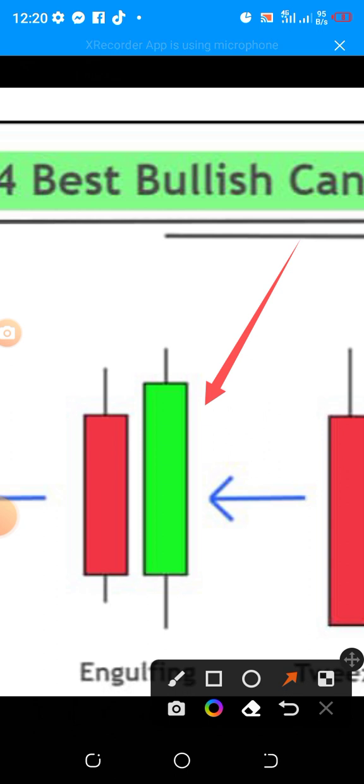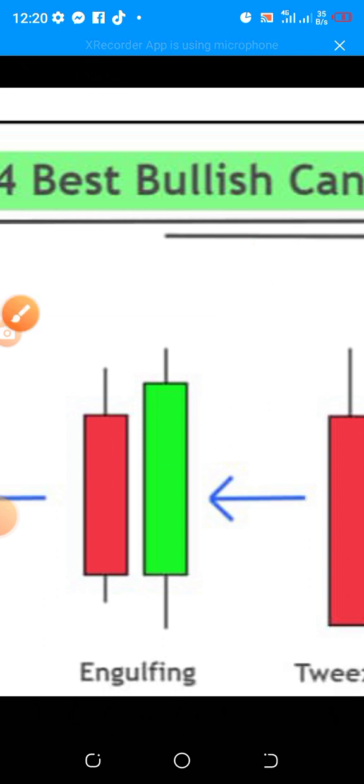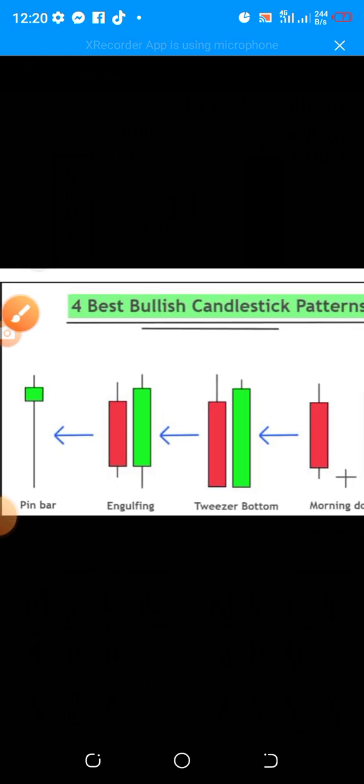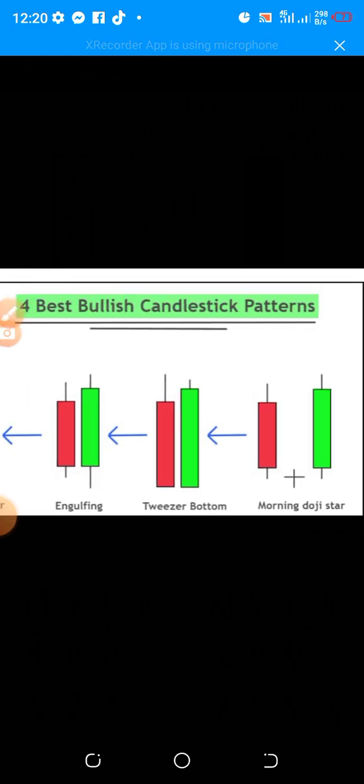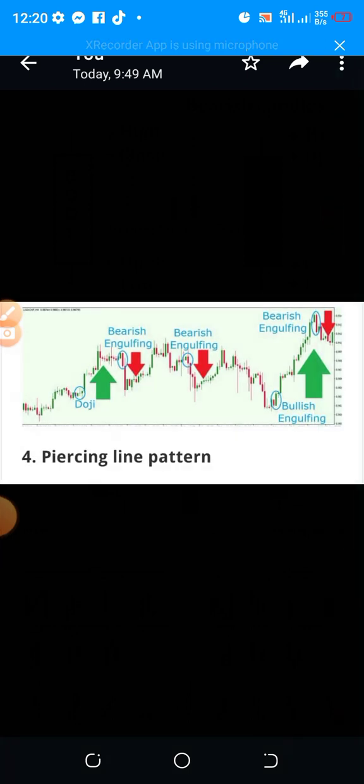When the bearish trend is about to end. We talked about a bullish trend, and I hope you all know what a bullish trend is. This is the bullish trend.